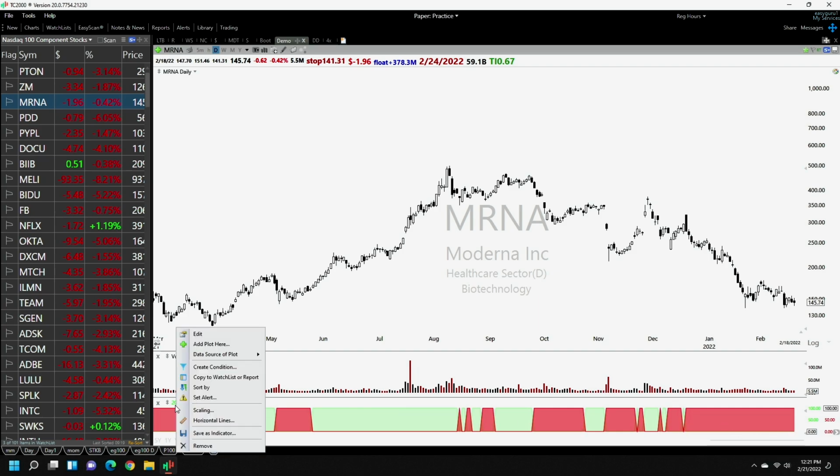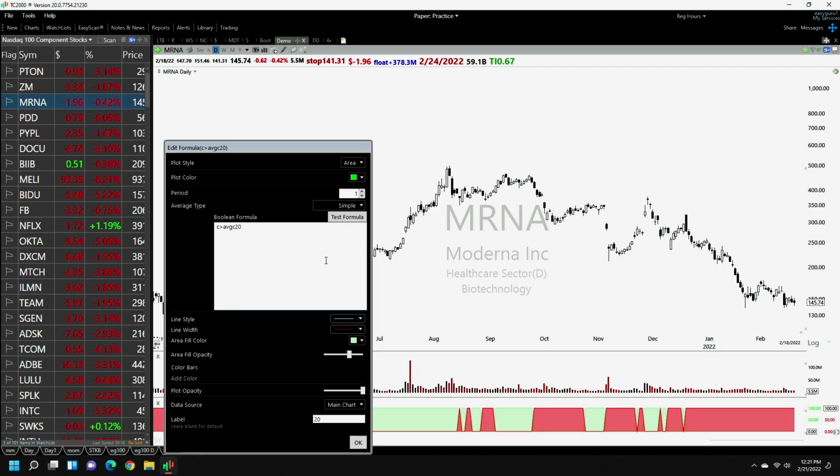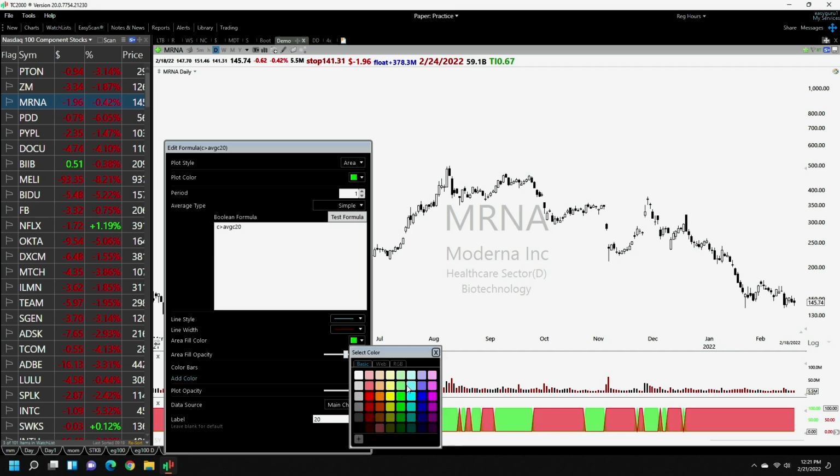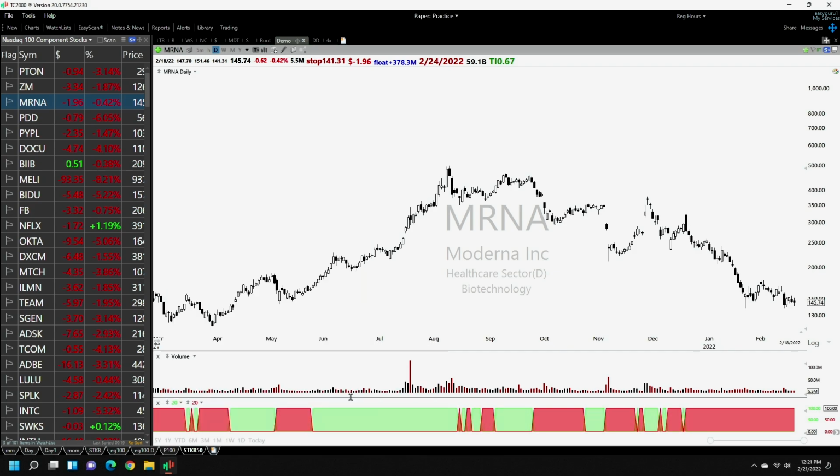And if you want it for 10 days, 20 days, you can just change the value here to 50 days or 20 days, 10 days, whatever period suits your fancy. You want this color to be more dark, you can change the color to be more dark. You want less faint, you can make it less faint. And this is how very easily you can find stocks which are riding their 20-day moving average.